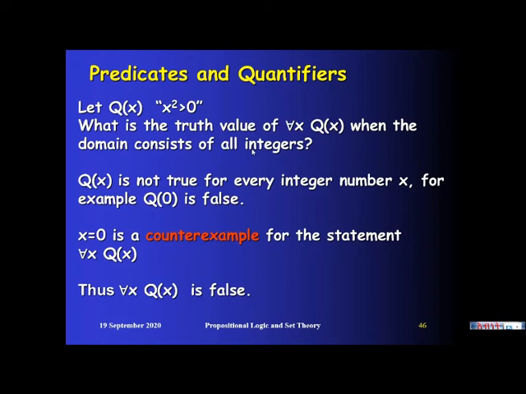Are you sure? For example, take minus 1: 1 is greater than 0. Minus 5 squared is 25, yes. Can you take 1 over 2? Impossible, because your domain is integers and 1 over 2 is not an integer. Can you find an integer whose square is less than or equal to 0? Yes, of course, 0.